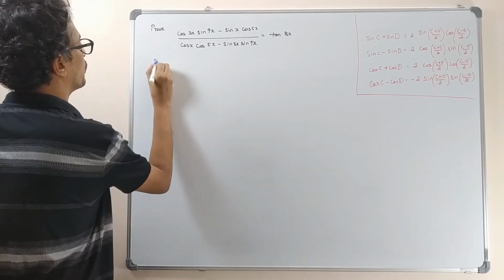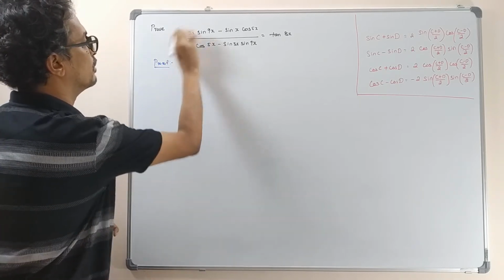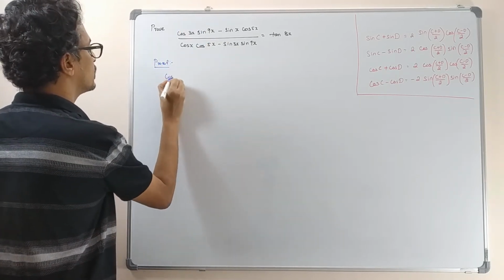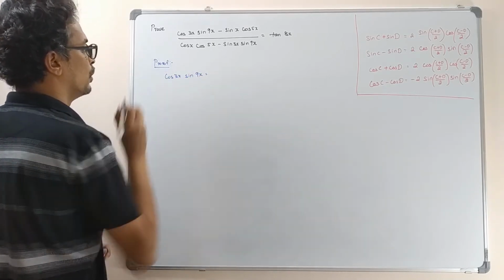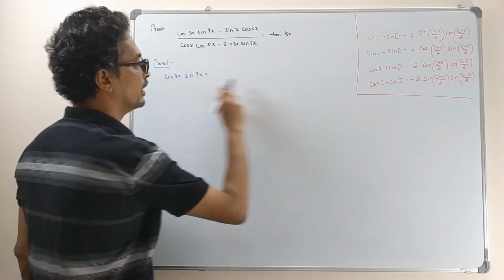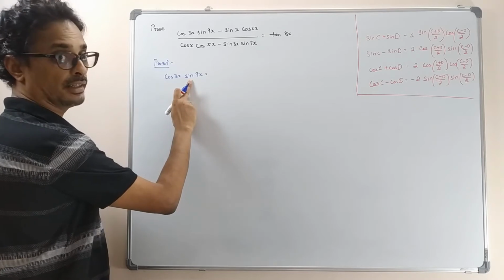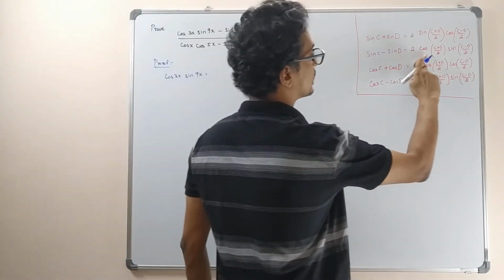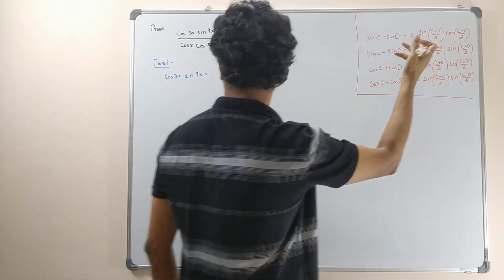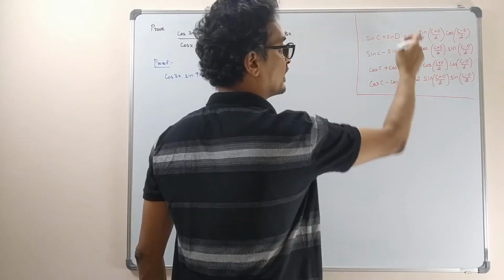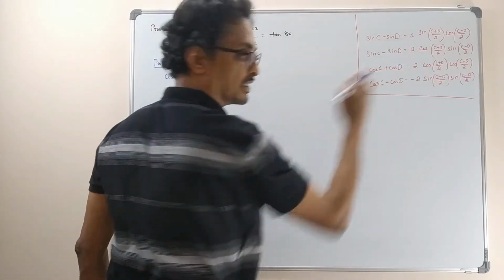So proof. Let us do it term by term. Let us take cos 3x sin 9x. Since we have cos and sine, we have to use one of the sum formulas, otherwise it becomes cos and cos or sine and sine.